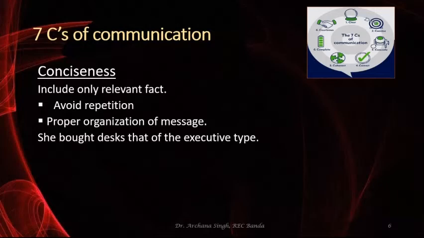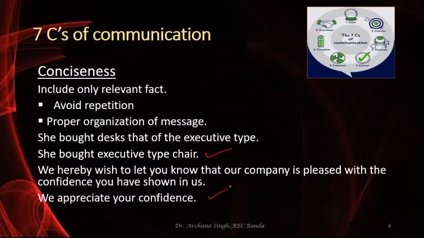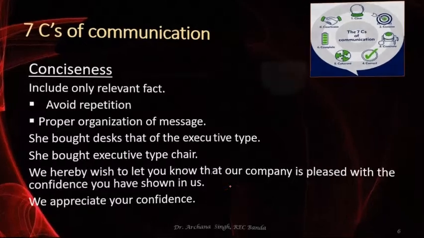For example, the sentence "she bought a desk that is of executive type" can be made brief by saying "she bought an executive type desk." Next, "we hereby wish to let you know that the company is pleased with the confidence you have shown in us" becomes "we appreciate your confidence." See, this is how we have made the sentences more concise, more precise, and very direct in conveying the message.